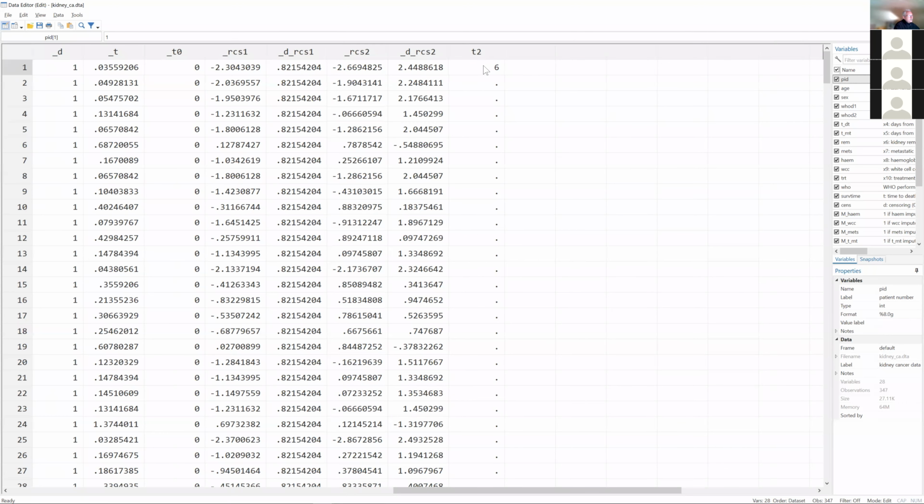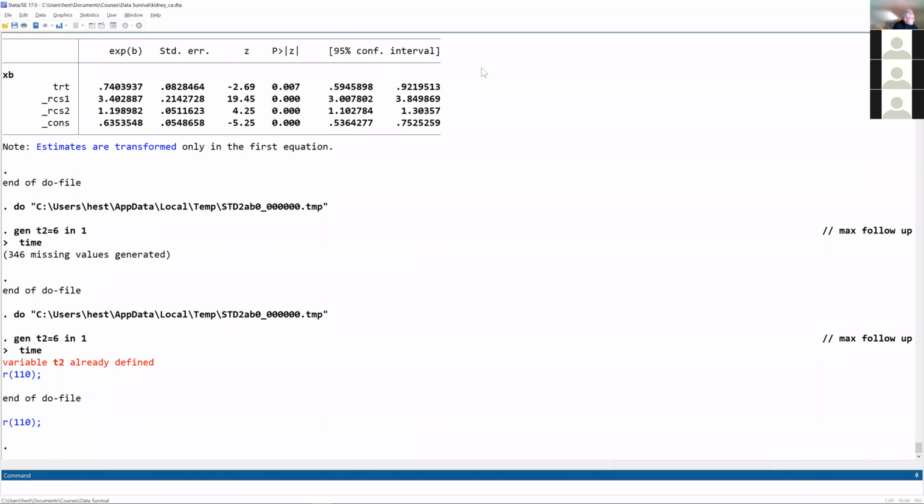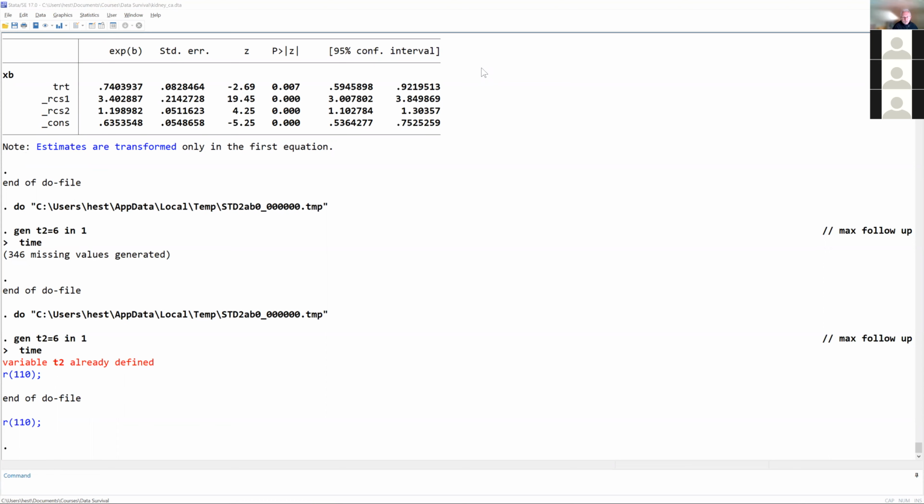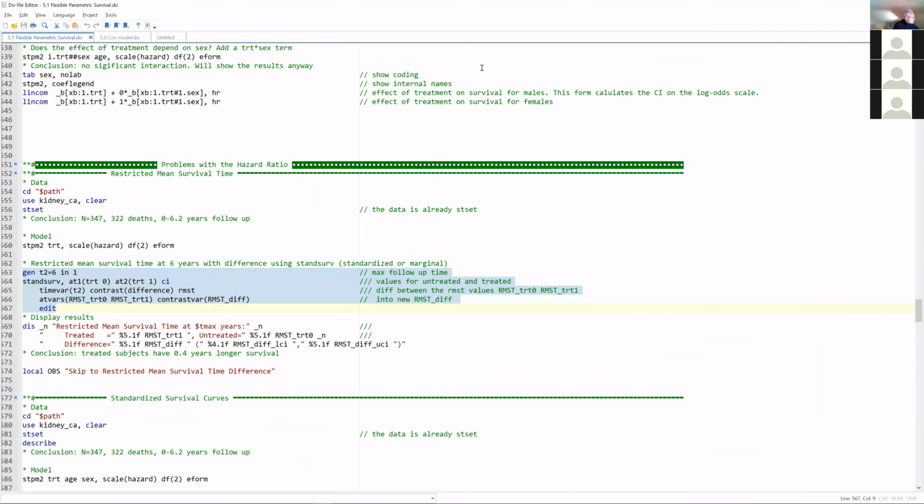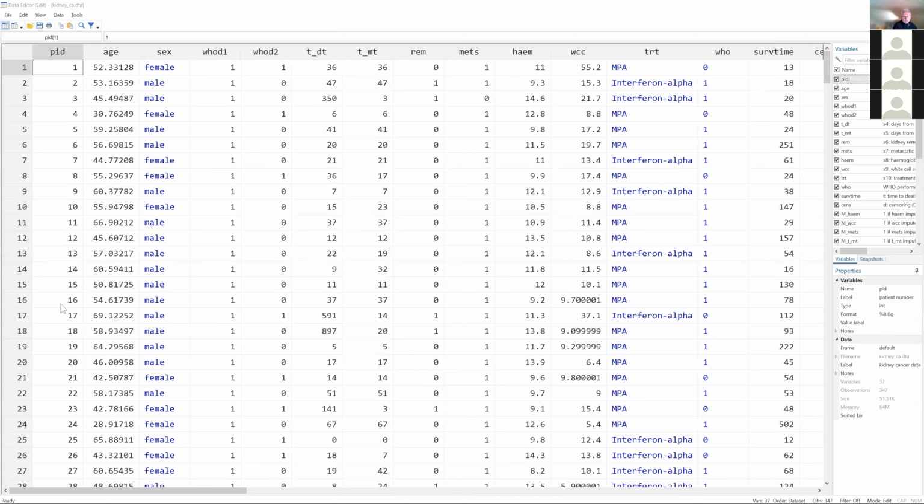At least here we got the point T2 with an observation of 6. Maybe I forgot to run the model. Oh, variable T2 already defined. Okay, that was the trouble. So I just defined this one 2 times. Now let me run the stand serve again. See if I do better this time.